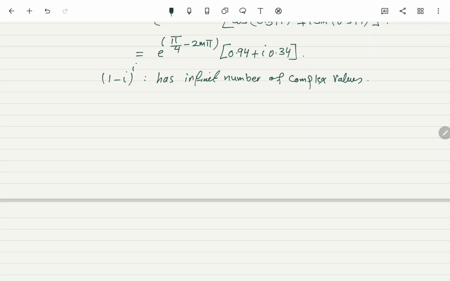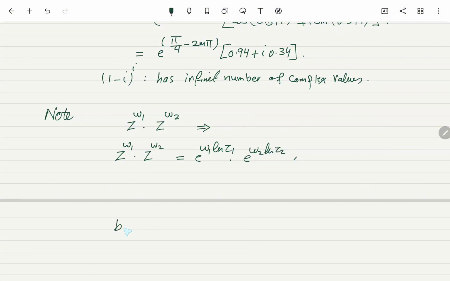One very serious note is that you have to be more careful when dealing with the product of two complex powers like z to the power omega 1, z to the power omega 2, because z to the power omega 1 times z to the power omega 2 equals e to the omega 1 ln z1 times e to the omega 2 ln z2.